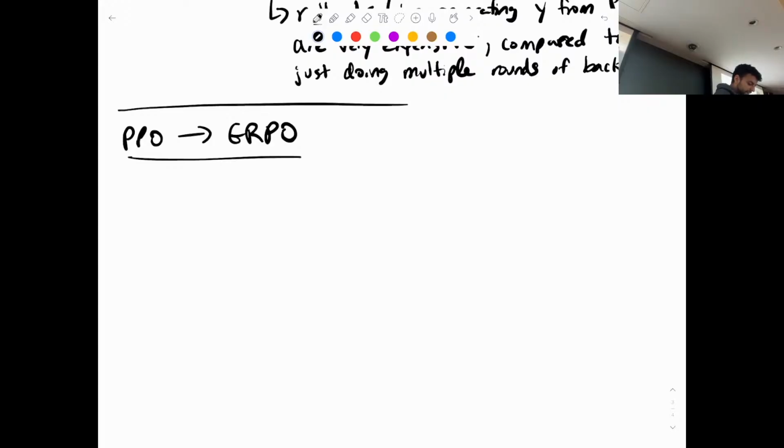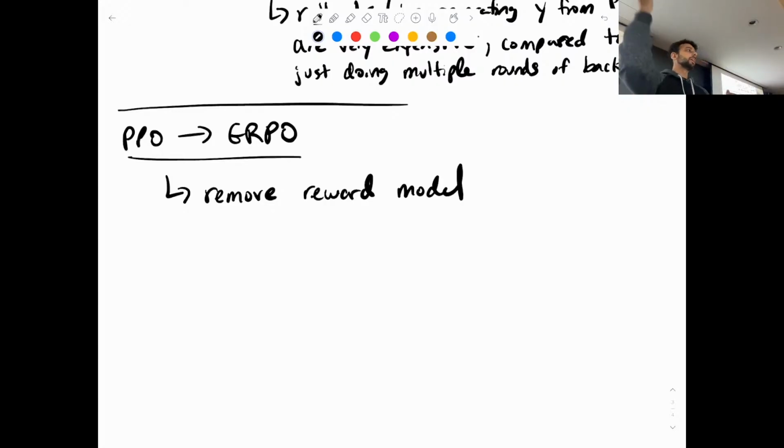Okay, so one fundamental difference is we're going to completely remove the reward model. We talked about how to train reward models on human preference judgments, and we also talked about how a reward model functionally is a pre-trained SFT language model that has been fine-tuned with this final linear layer to mimic the human preference judgments.